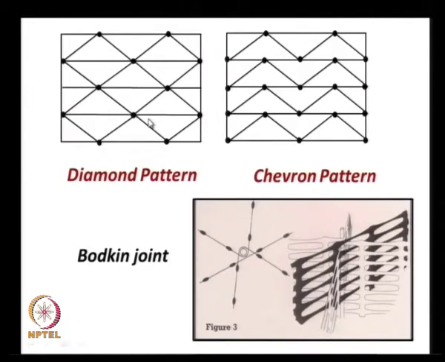And 2 patterns were considered for formation of the geocell. One is the diamond pattern, that is what we have seen earlier in the animation. Each of these is like a diamond. Then the chevron pattern, this is like a half diamond shape, and we use a Botkin joint to form these vertical joints.